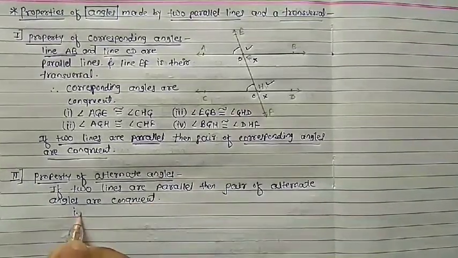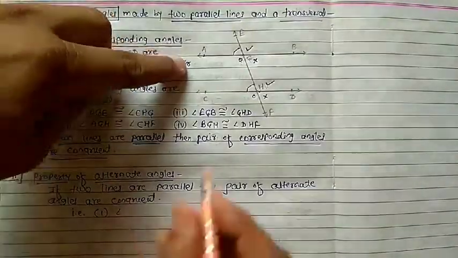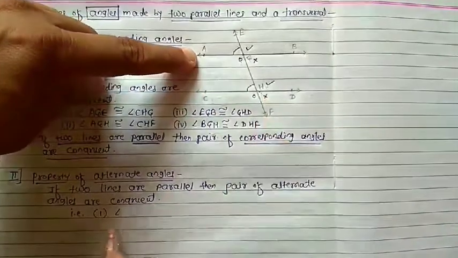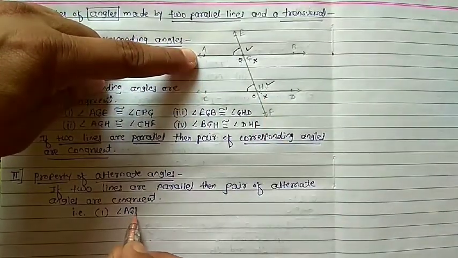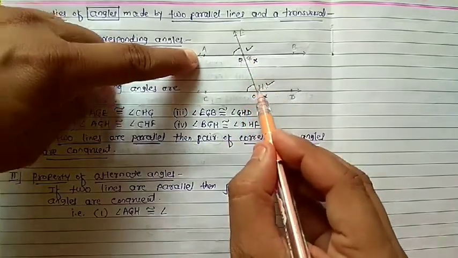So that is the first pair of alternate angles, angle AGH is congruent to angle GHD.